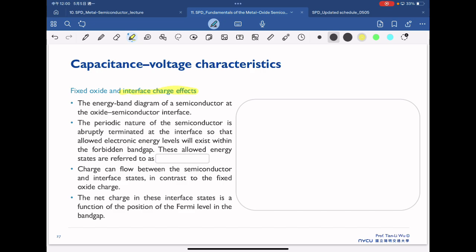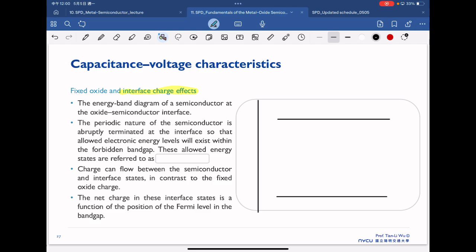So the right hand side is an energy band diagram where we have the conduction band and valence band, and then in the middle we have the intrinsic Fermi energy here.